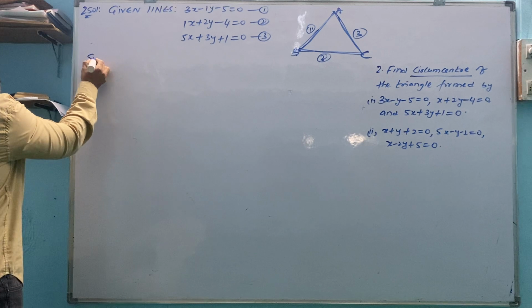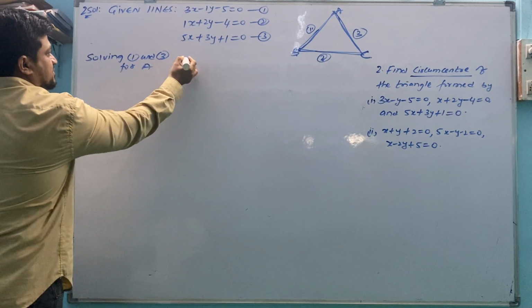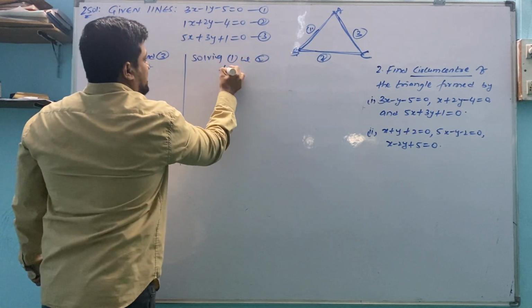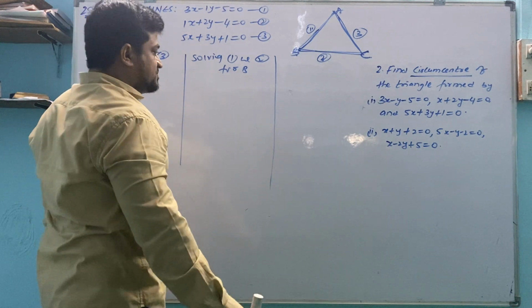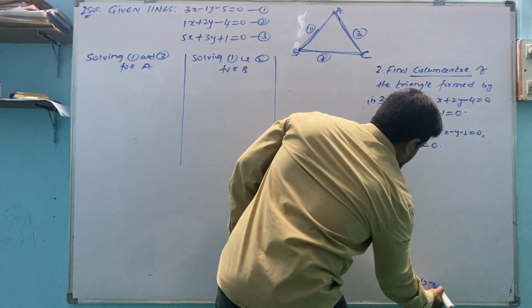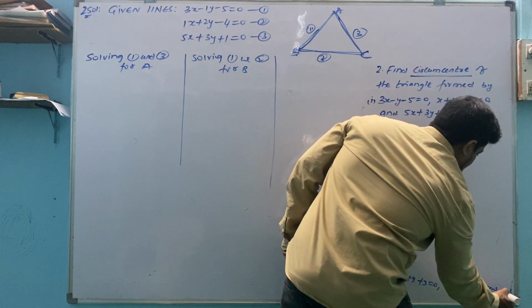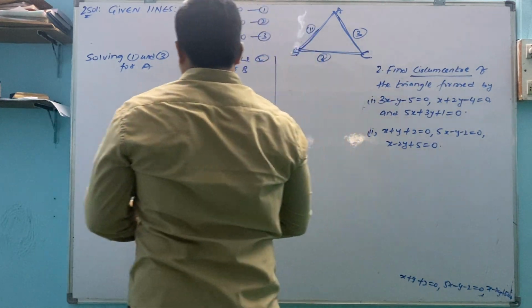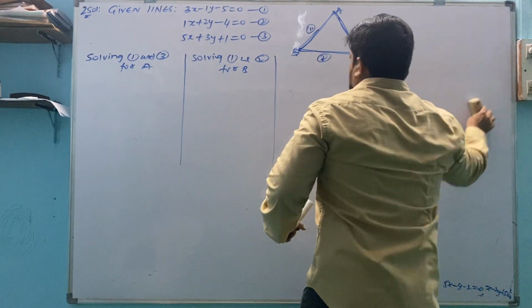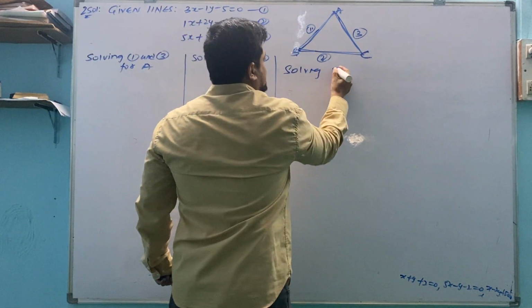Solving 1 and 3 for A. Then solving 1 and 2 for B. Then solving 2 and 3 for C.